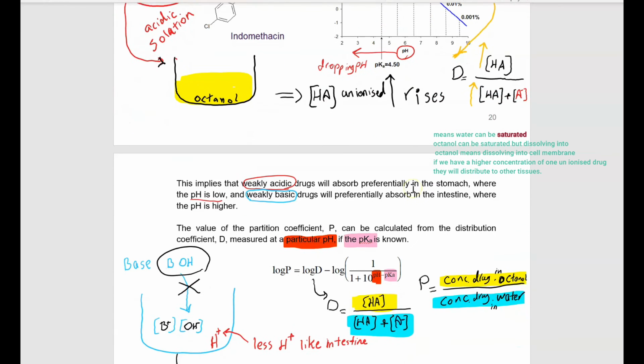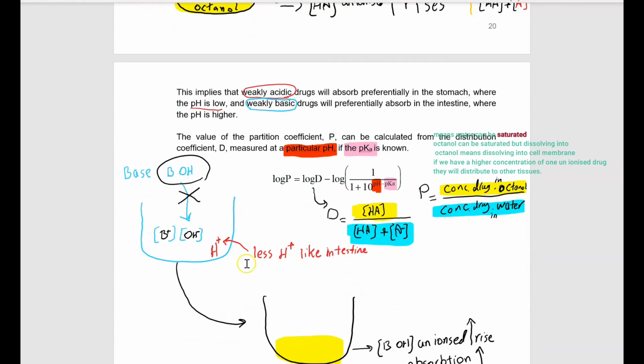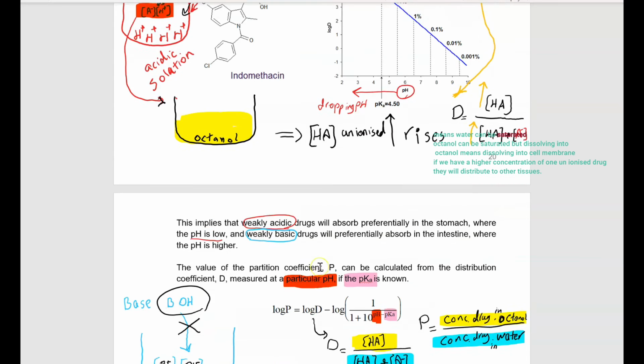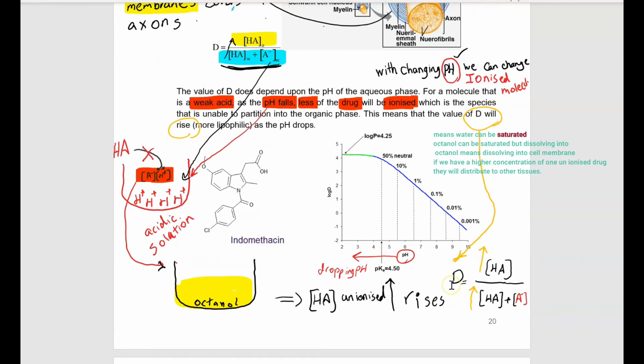When we have less hydrogen ions, D or log D, it doesn't matter if it's D or log D, the whole molecule will increase, and most of them are in your organic part, and this amount doesn't change because the water just has the capacity to accept a specific amount of this drug.